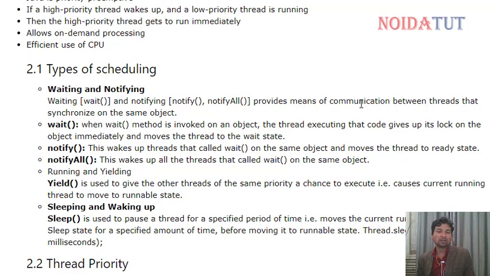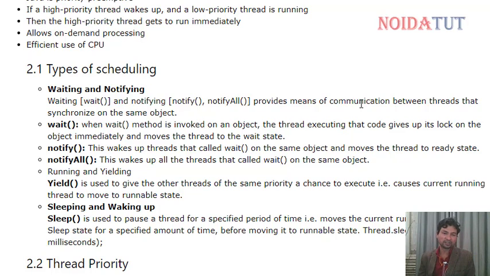Notify wakes up a thread that called wait on the same object and moves the thread to the ready state. NotifyAll wakes up all the threads that called wait on the same object.